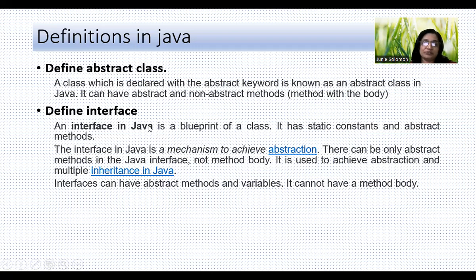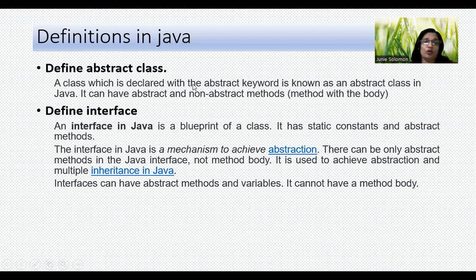Now let's come to the interface. Define interface. An interface is a pure abstract class where you cannot write non-abstract methods. All are pure abstract methods, so in that case we can make it an interface. The problem with abstract classes is that you can go for subclasses only one level, like single level, multi-level.